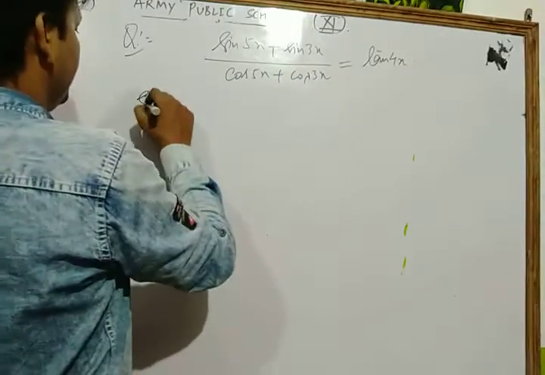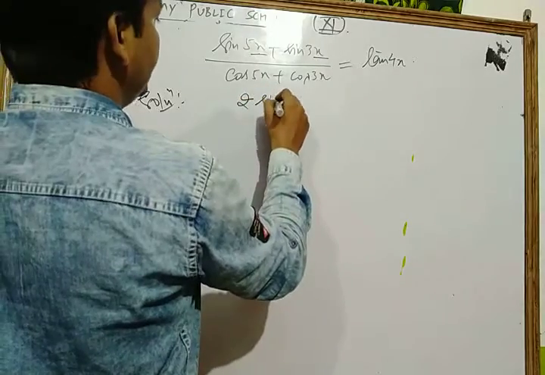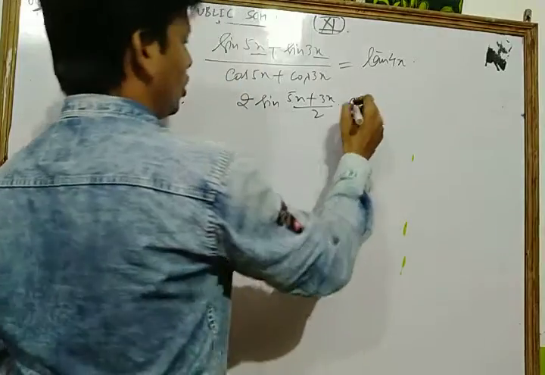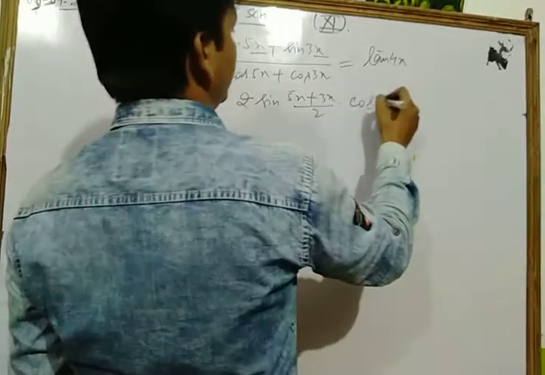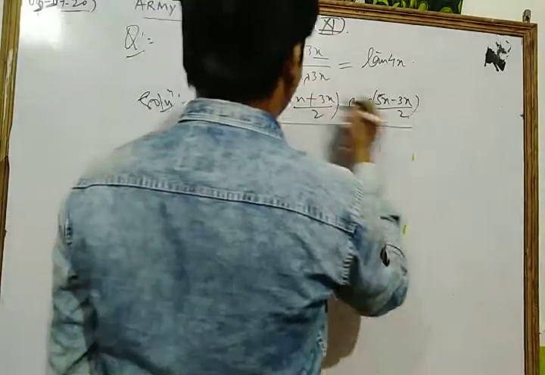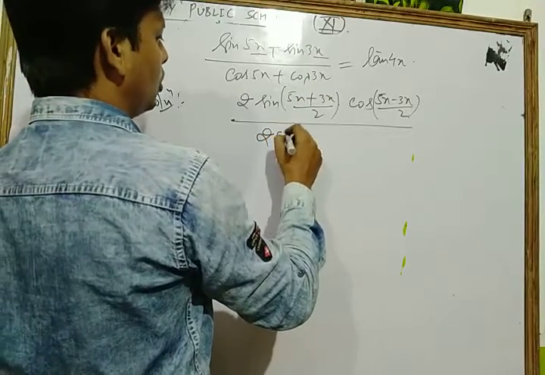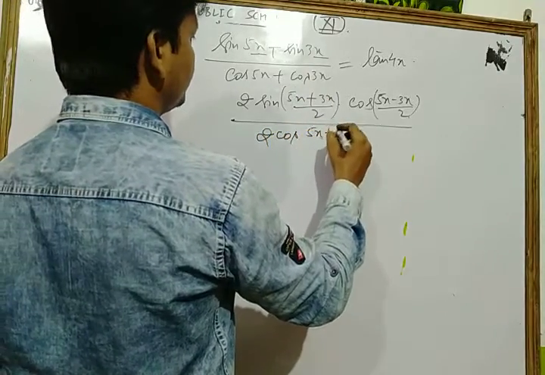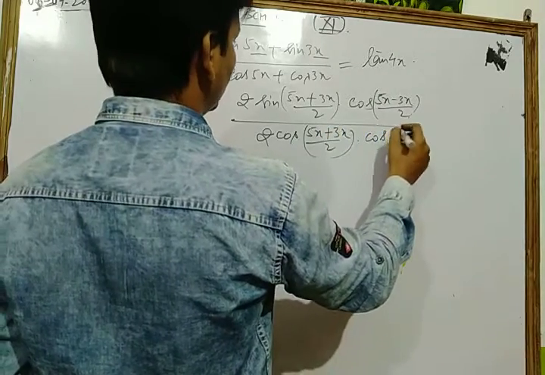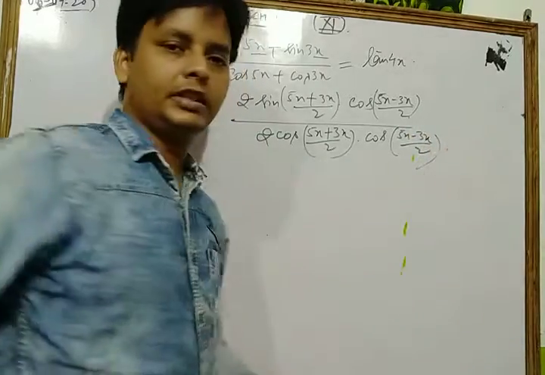Here sin c plus sin d is 2 sin of (c plus d) by 2 into cos of (c minus d) by 2. Same in the denominator, we apply the formula cos c plus cos d, that is 2 cos of (c plus d) by 2 into cos of (c minus d) by 2.